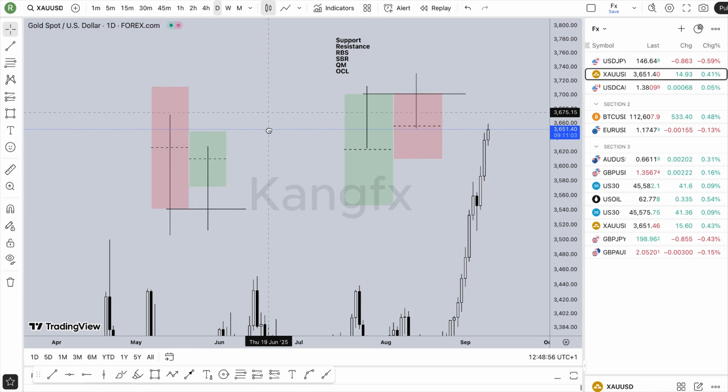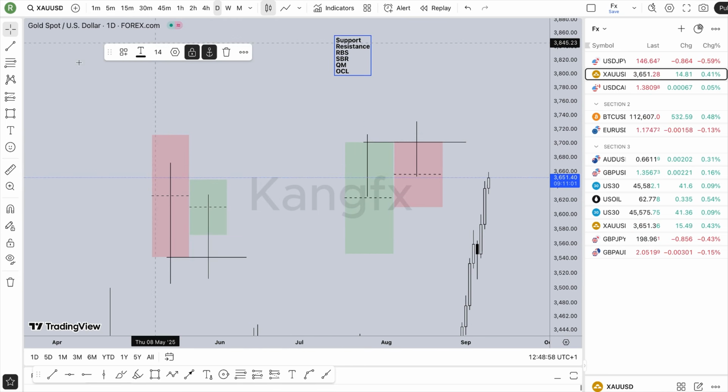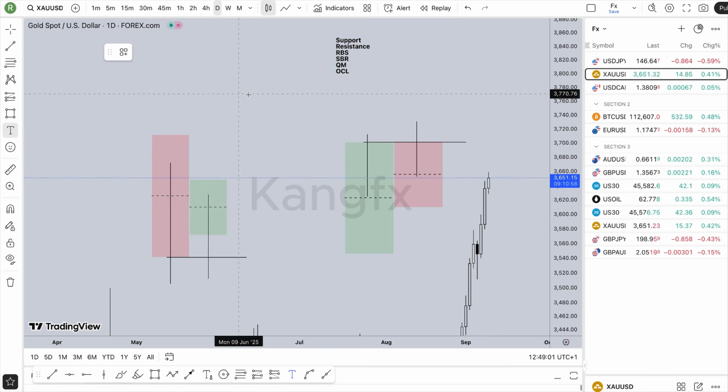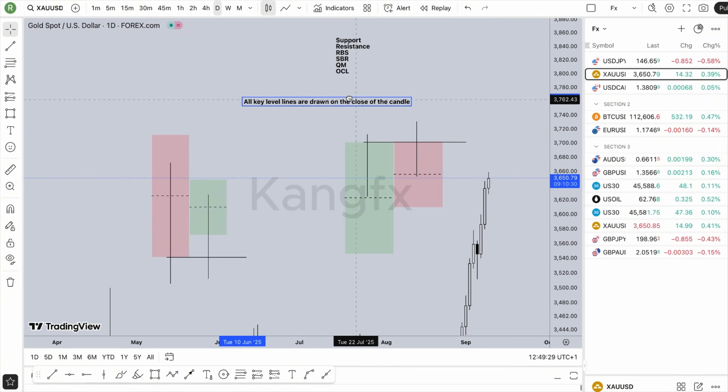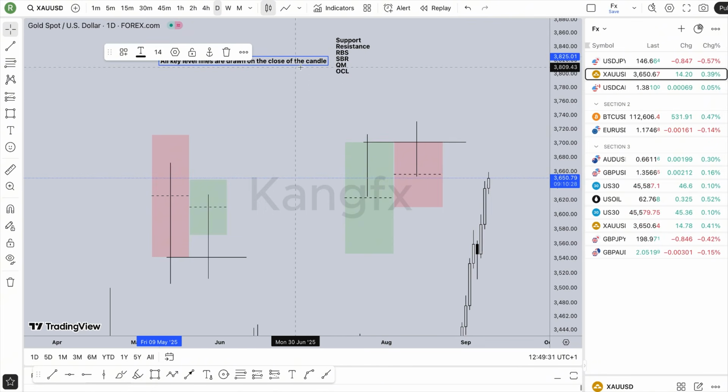And the easiest way to solve this problem is to always use this. All key level lines are drawn on the close of the candle.